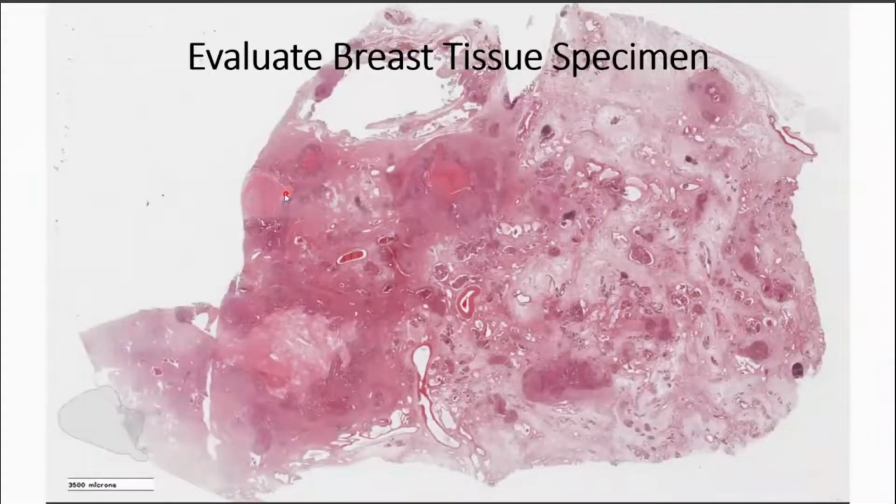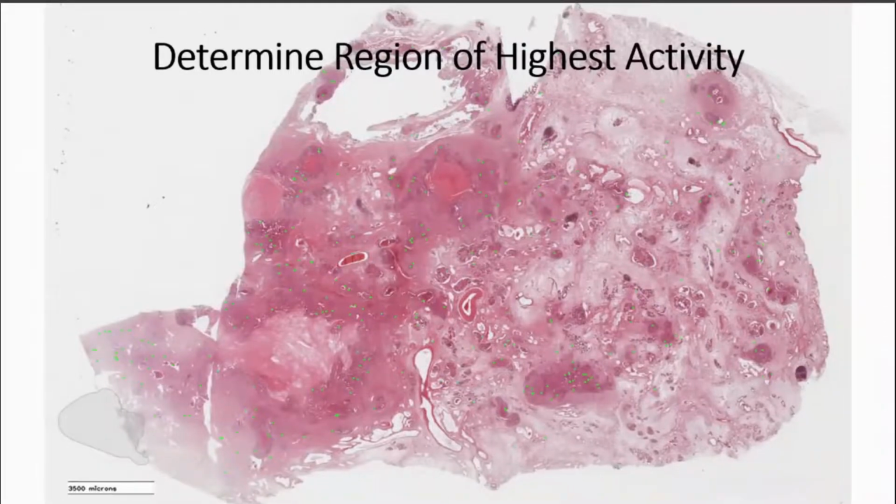Just to highlight this visually for you on a specific specimen, this is a complete view of the whole slide image, and the pathologist needs to be able to identify where the region of highest activity is.